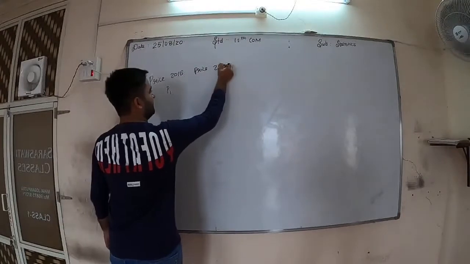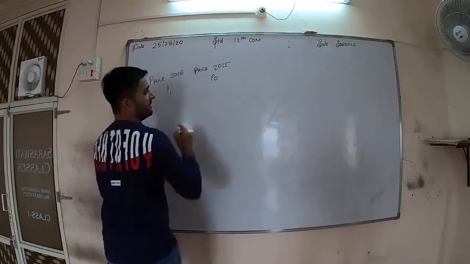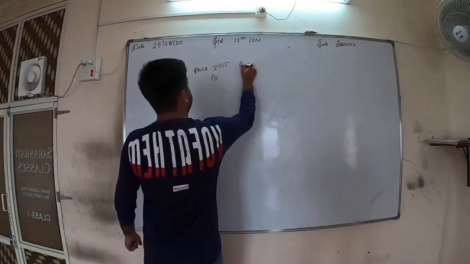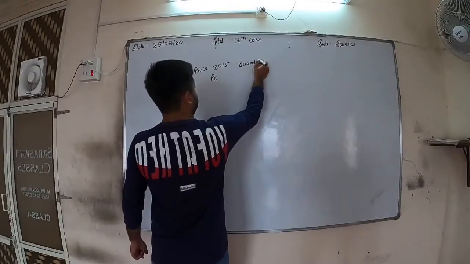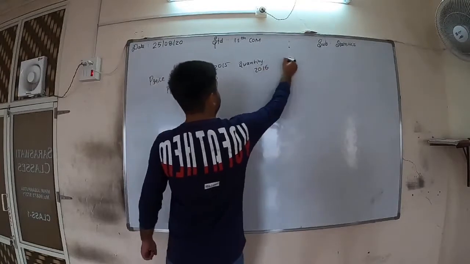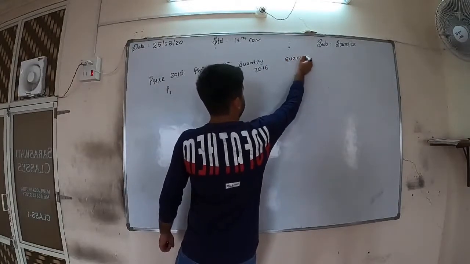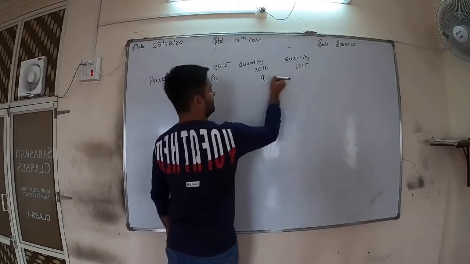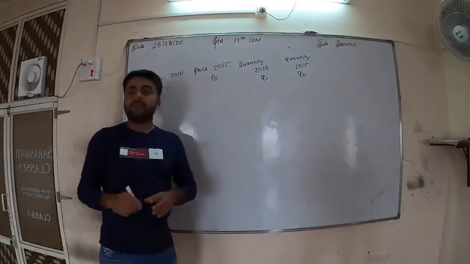Price 2015, you denote it as P0. Quantity 2016 and quantity 2015, here you give Q1 and you give Q0.